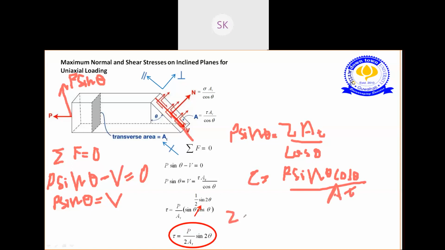So your tau will become P sin 2 theta divided by twice of A. Clear? Your tau is P by 2A sin 2 theta, and sigma was how much? Sigma was, I think, P by A cos square theta.